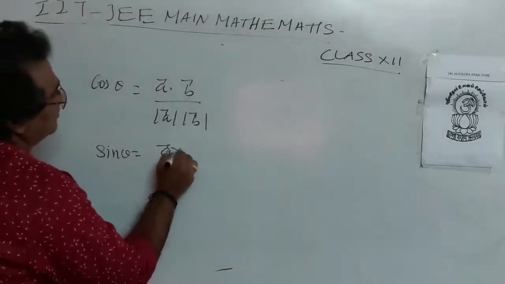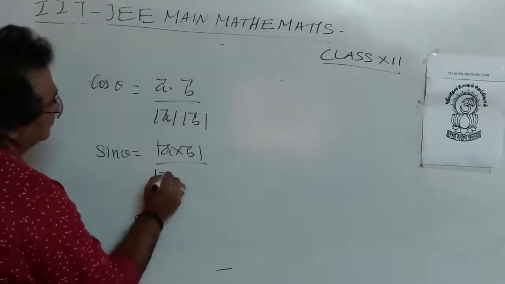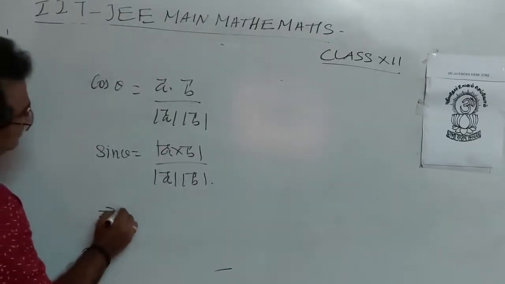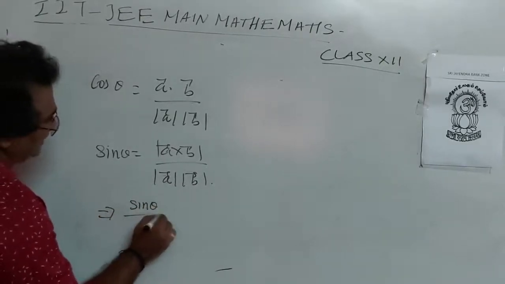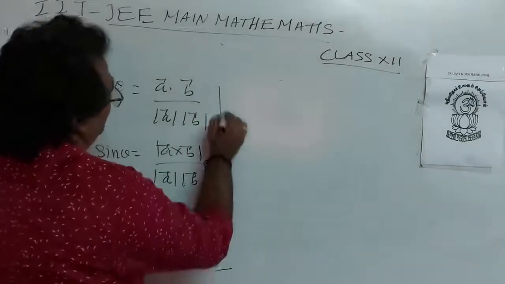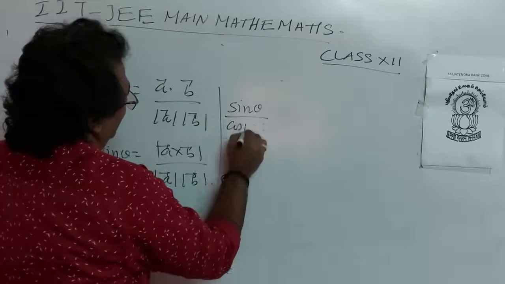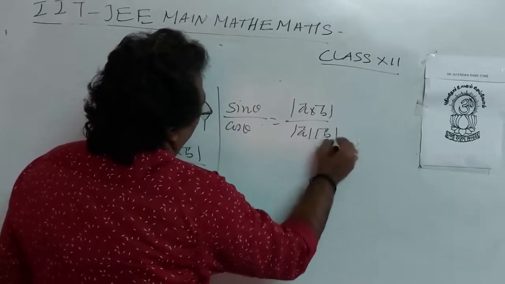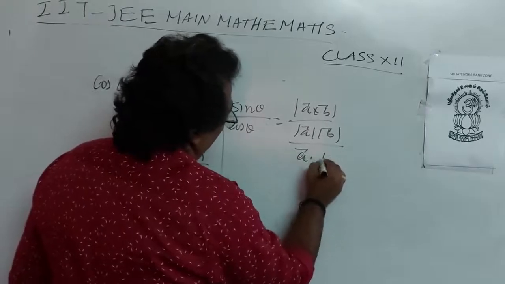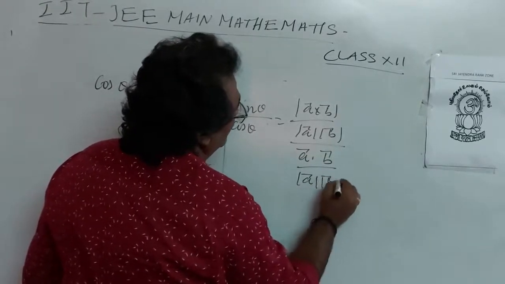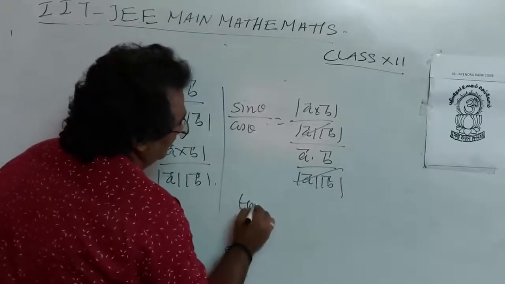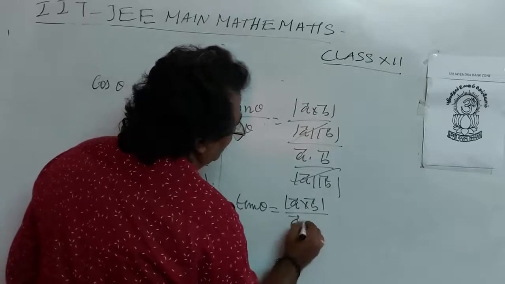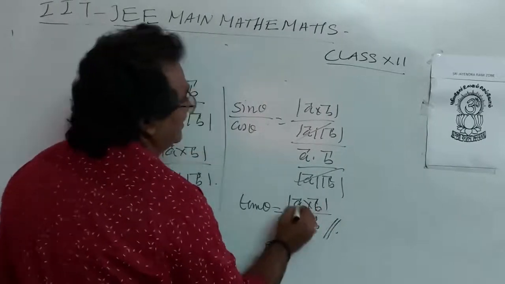Sin theta equal to modulus of a vector cross b vector by modulus a vector into modulus b vector, which implies tan theta equal to modulus of a vector cross b vector by a dot b vector.